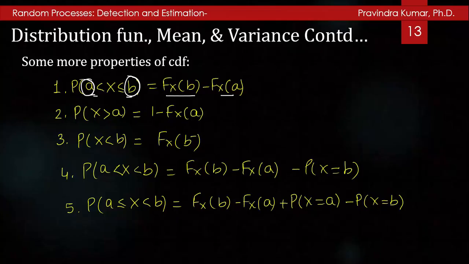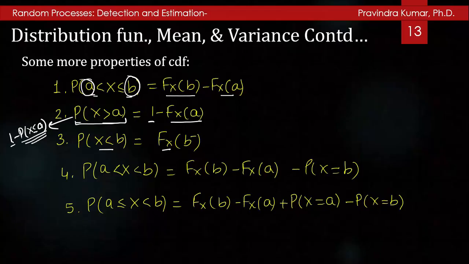And the probability when x is greater than a is 1 minus the probability at x less than or equal to a, so this is 1 minus the CDF at x equal to a. And the probability when x is less than b means the CDF at x equal to b.